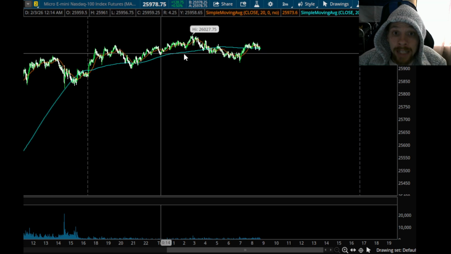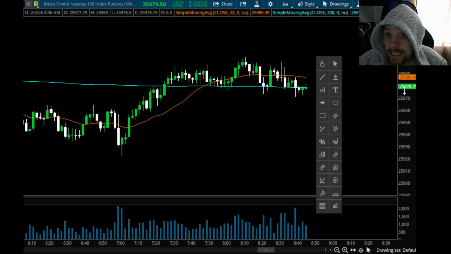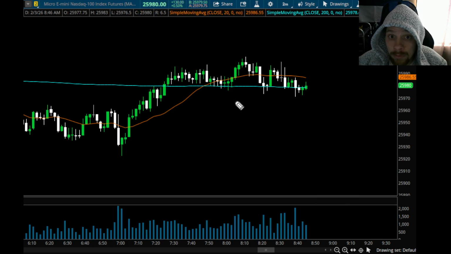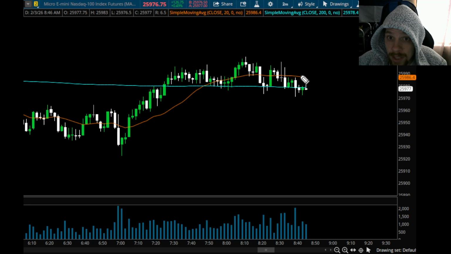MNQ right now, decent. Look at the flat 200 leading into the open, right? So I'm thinking if we get a move like this, boom, this 20 can start curling, then we get a color change. That's going to get me in the trade to the upside. If it doesn't do that, then we'll start doing this, and then that 20 will cross that 200 and start trending down, and then we'll get one of these.